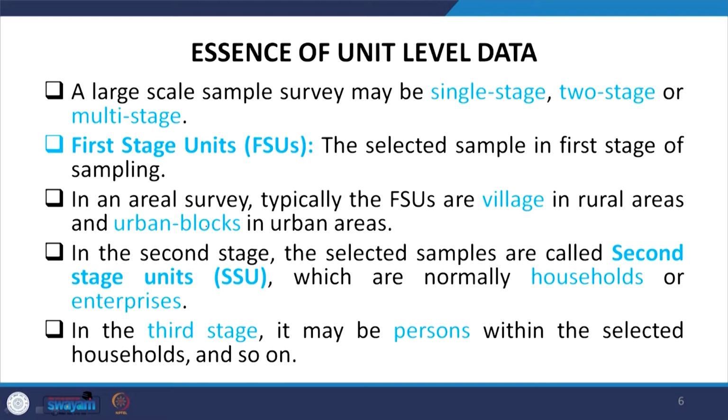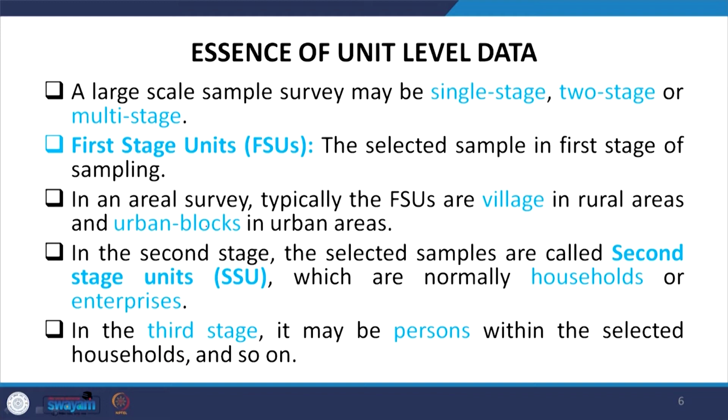The standard reference for defining FSUs in villages is the census. From the census we have 2 categories: one is called village level sample census, another is called census enumeration blocks. Census enumeration blocks usually refer to urban blocks. Urban blocks are filtered and clubbed differently in the NSS approach.